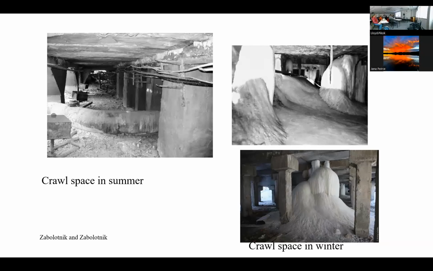The permafrost laboratory was closed, and nobody took care of permafrost under buildings or leaking utilities. You can see on the upper left, if permafrost is permeable, you cannot even notice leaking in the summertime. But in the wintertime, you can see all these huge ice bodies.